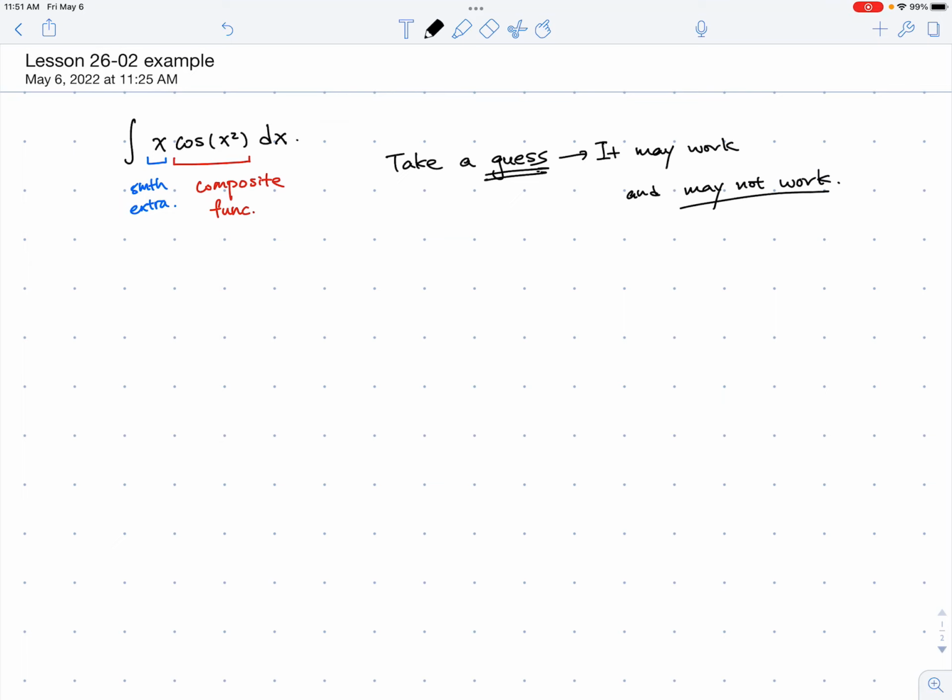So when your guess does not work, just try another one. With practice, you're going to see more and more what I mean here.